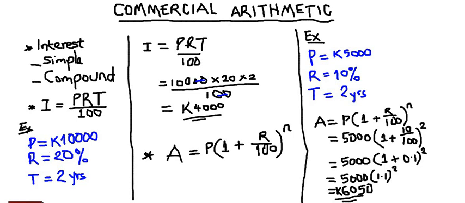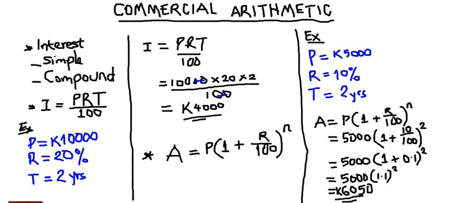So the 6,050 means there is the principal 5,000 kwacha which was borrowed, plus an interest of 1,050 kwacha, which has accumulated over a period of 2 years at the rate of 10%.